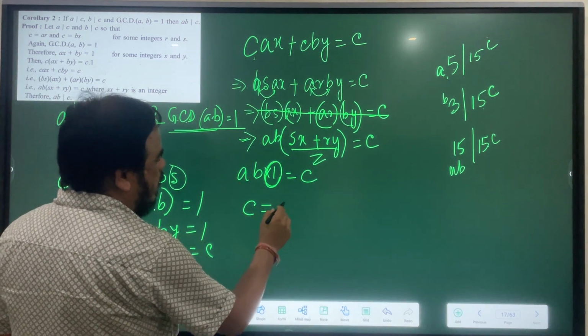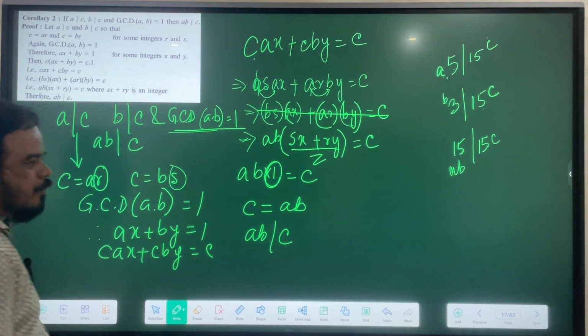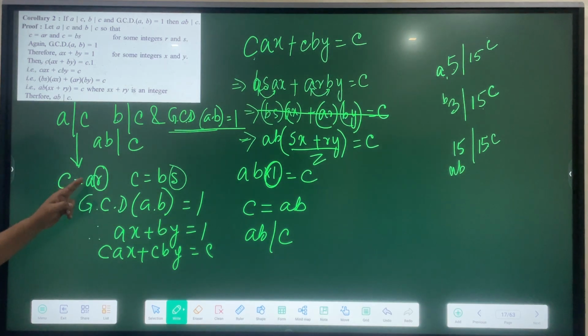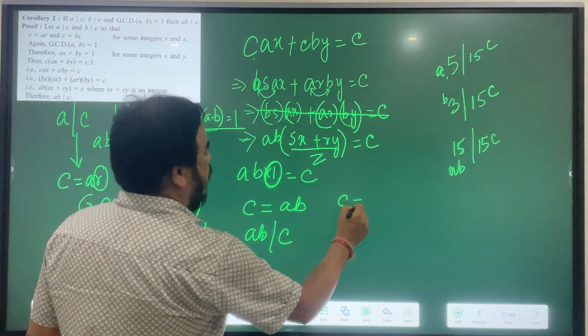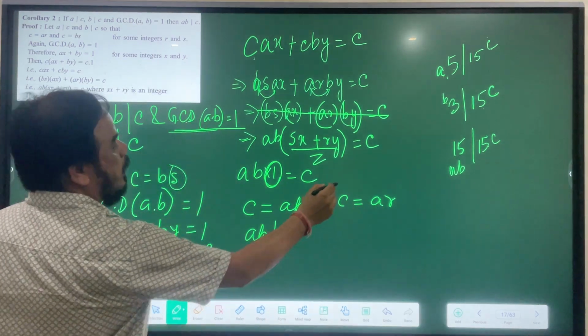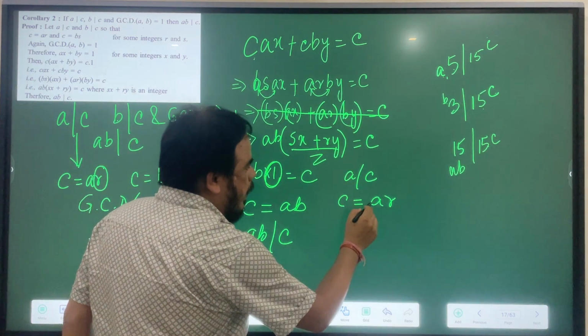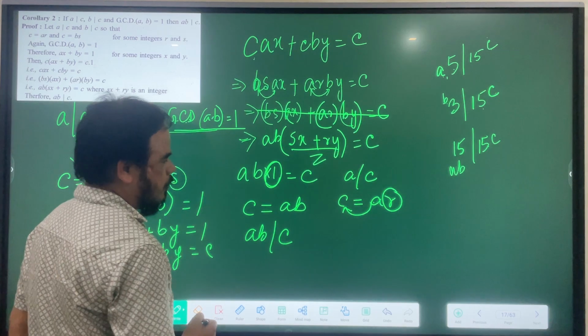Look here, c equals ab, so ab divides c. C equals ar, so a divides c. Look here, c equals ar. From where we have written a divides c: a divides c. With a there is one integer.